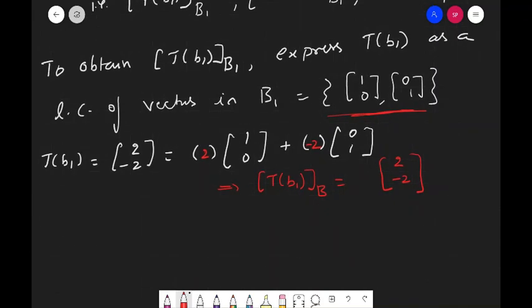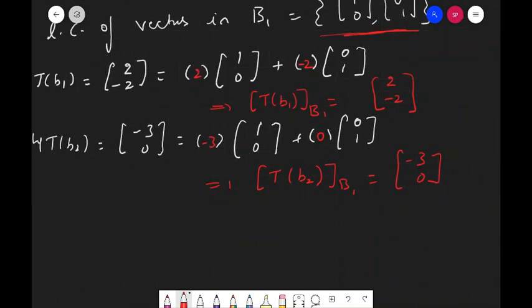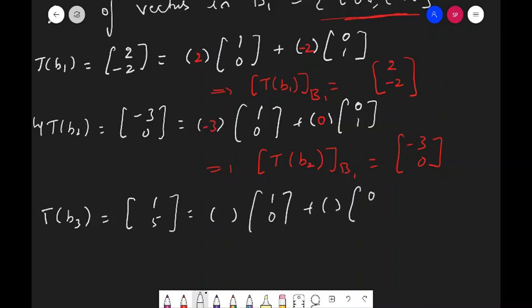So similarly I can say T of b2 is equal to minus 3 0. This is something again into 1 0, 0 1. So this is minus 3 here, 0 here, which implies the coordinate vector of T of b2 with respect to basis B1 is equal to minus 3 0, and T of b3 is equal to 1 5, and this also is a linear combination of 1 0 and 0 1.